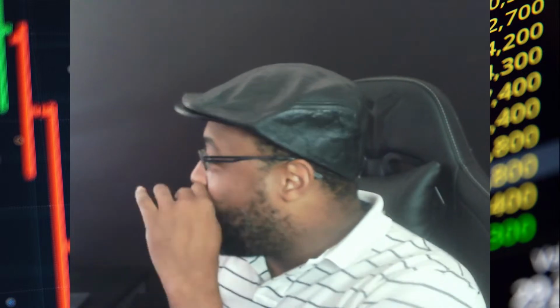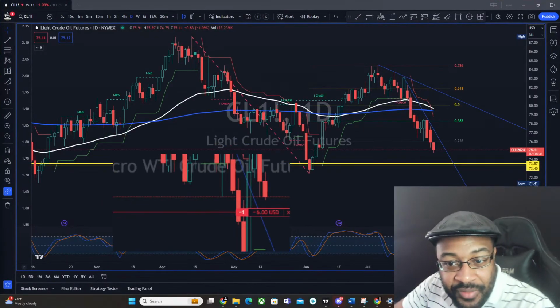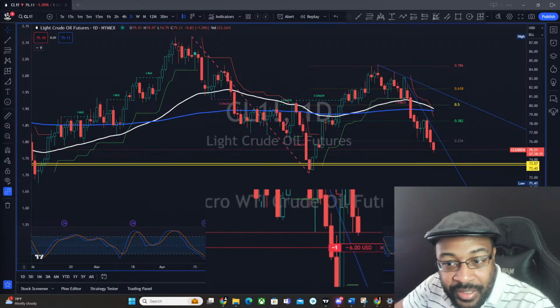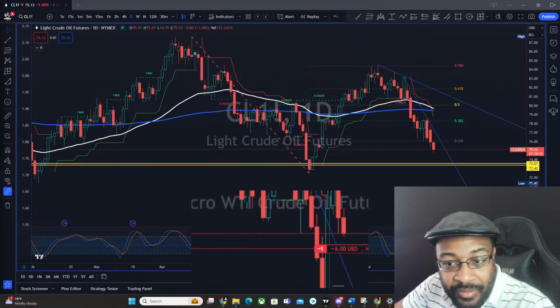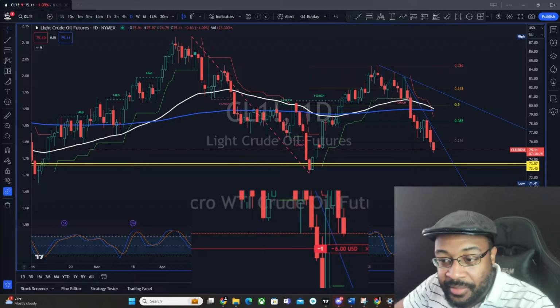All right, so I am looking at oil, and what I was tweaking was I was in this trade, and I was trying to fix this. I'd probably put the oscillator down here, and take a little bit more off that left. I've got to do this manually.